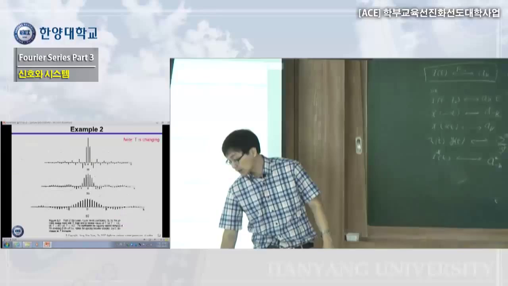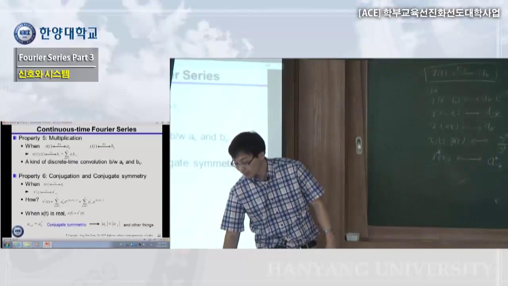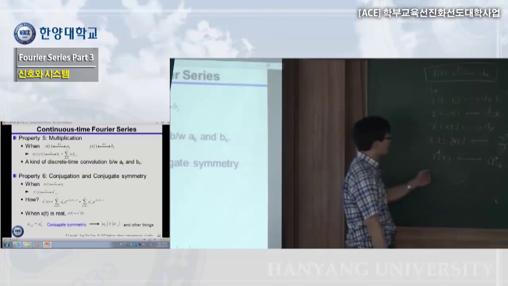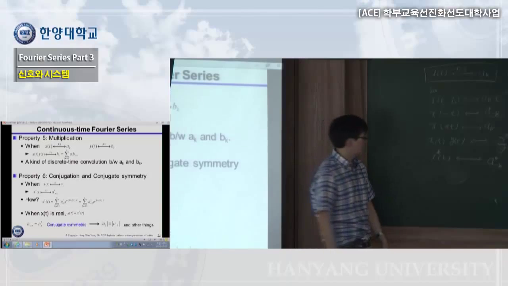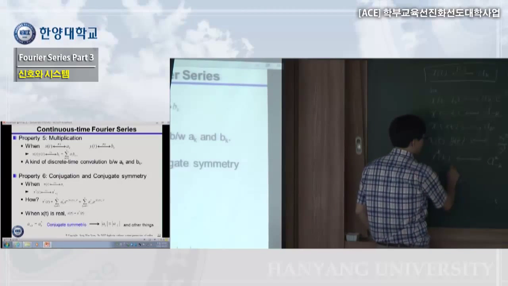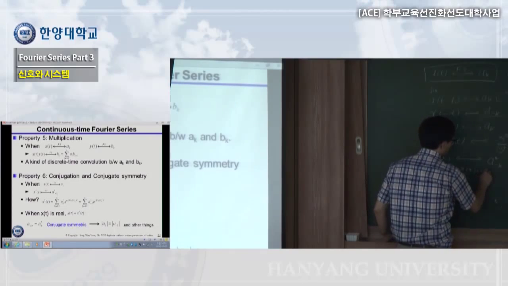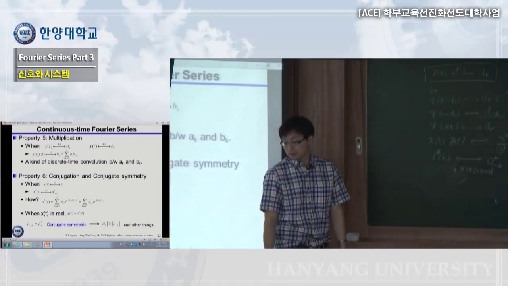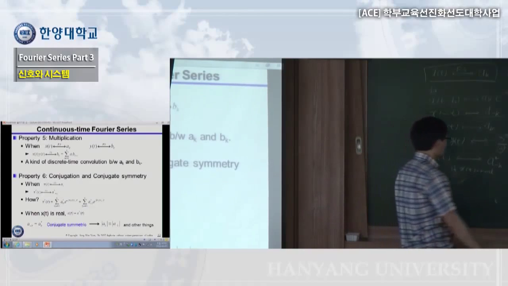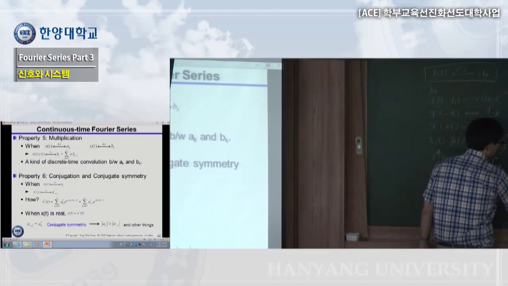So let's go to 14. There's the normal case. If x(t) is real, what happens? Then x(t) and the conjugate of x will be the same.